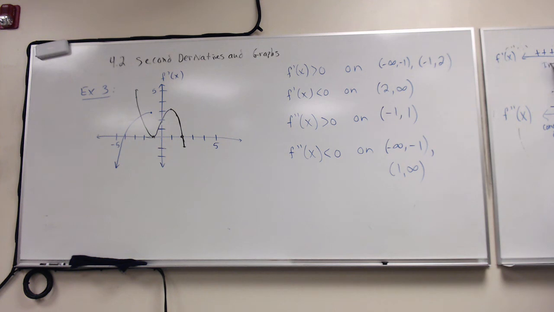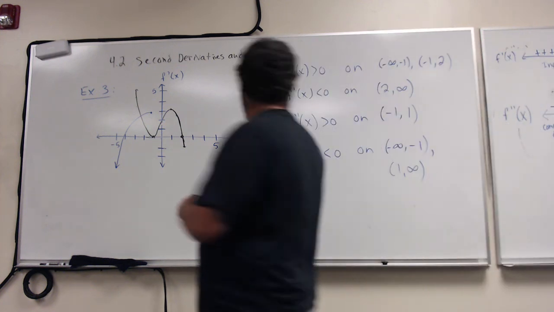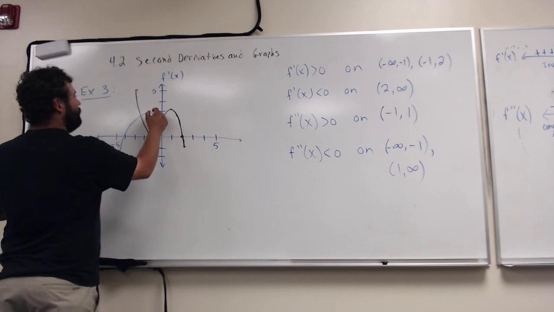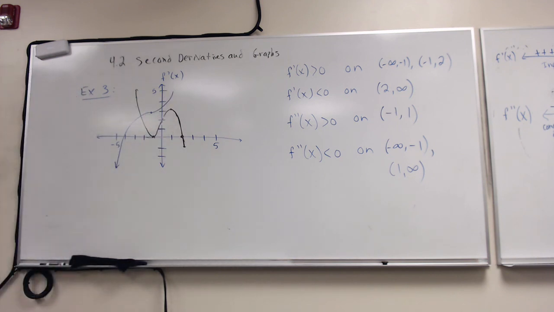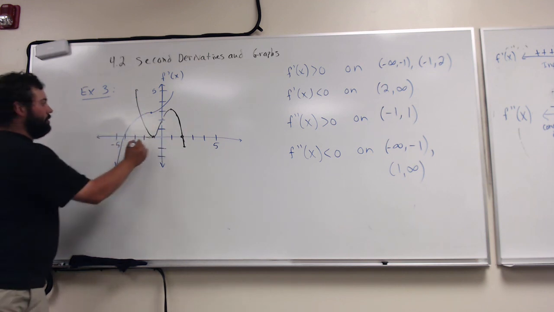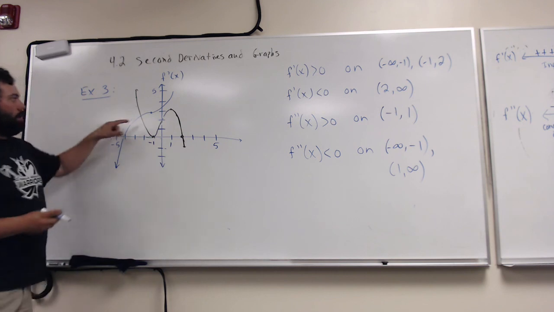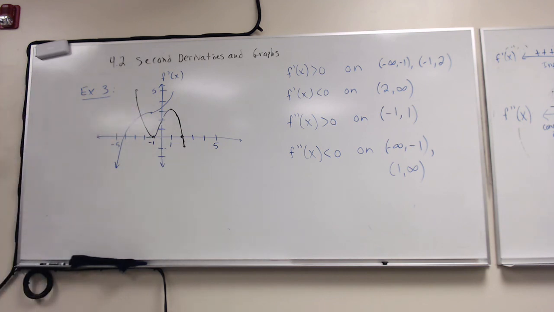This was increasing, increasing, decreasing. Certainly from -1 to 1, we're concave up and increasing. So from -1 to +1, we're increasing and concave up.